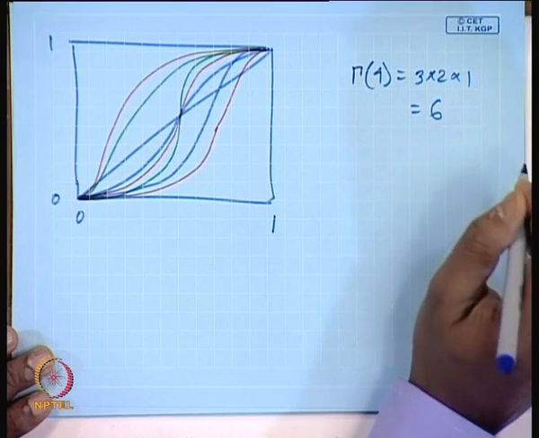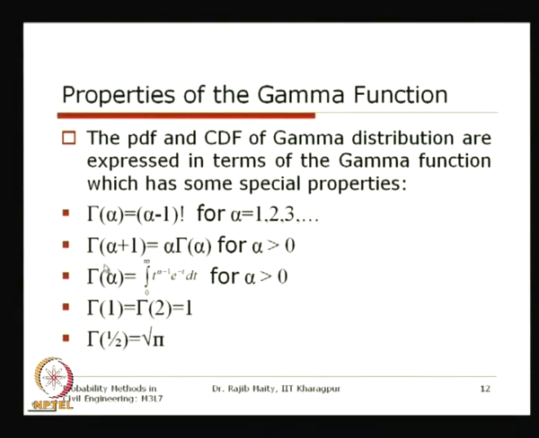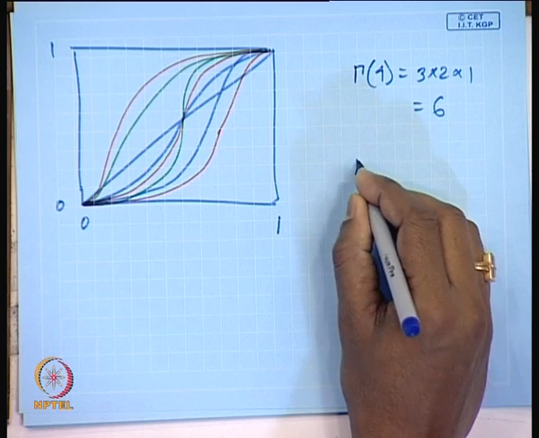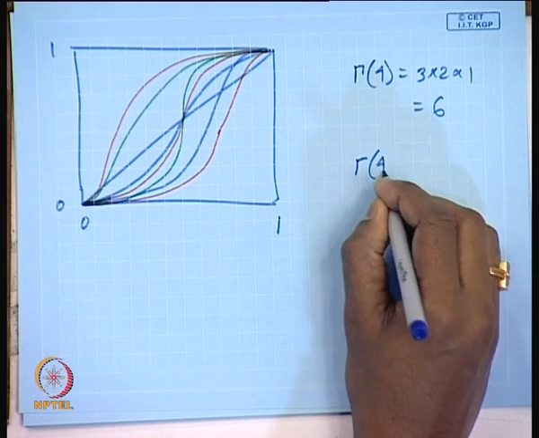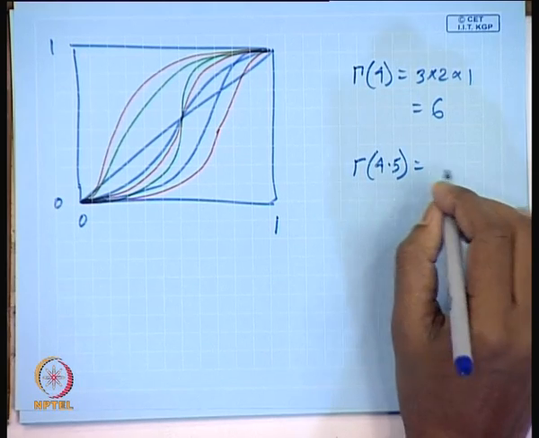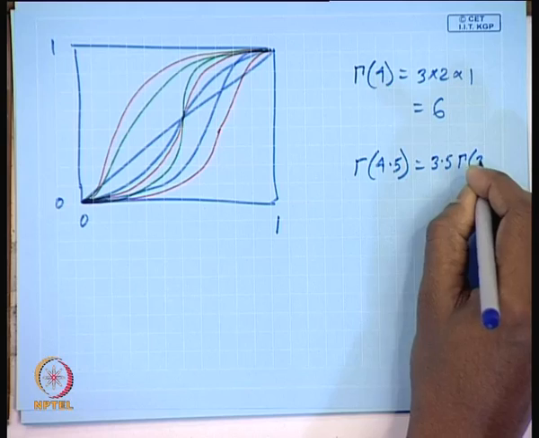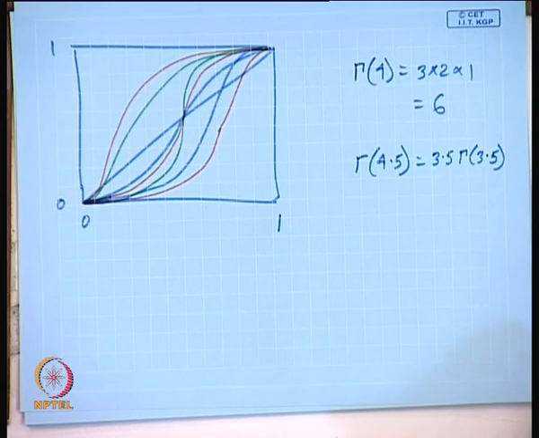The second rule says that gamma alpha plus 1 equals alpha gamma alpha. This holds not only for integers but for any positive value. So if I want to know gamma 4.5, we can write it as 3.5 gamma 3.5.